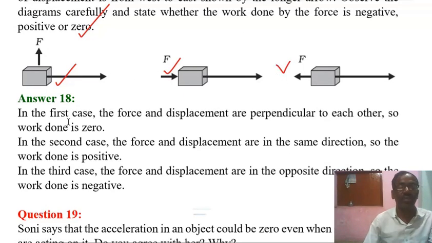In the first case, the force and displacement are perpendicular to each other, so the work done is zero. In the second case, the force and displacement are in the same direction, so the work done is positive. In the third case, the force and the displacement are in opposite directions, so the work done is negative.